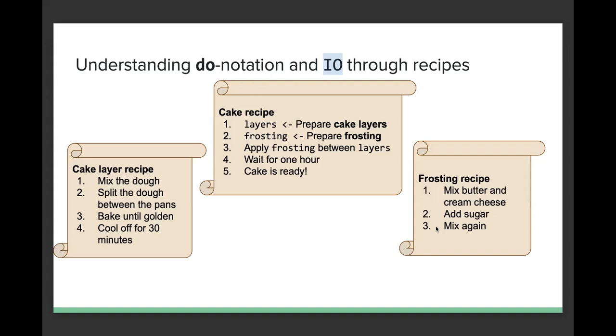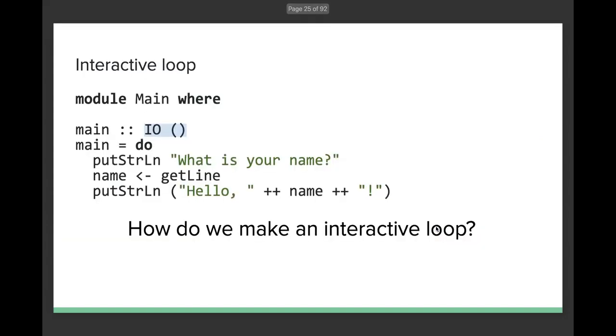You did not bake the cake. The function only produced the recipe for the cake. Does it make sense? So this is what Haskell does with programs with this IO type constructor. Okay? You do not execute anything, you only construct programs. Okay, hopefully that made sense.